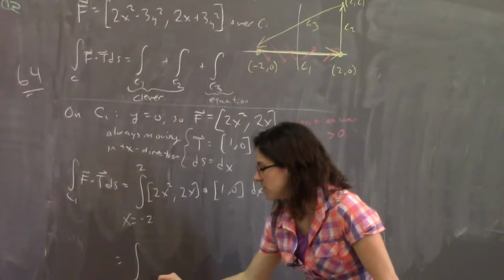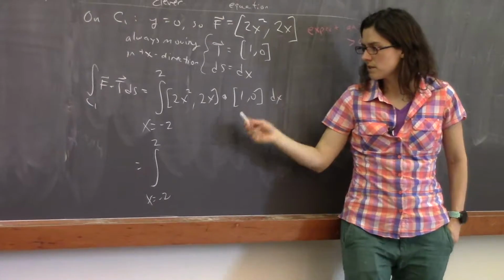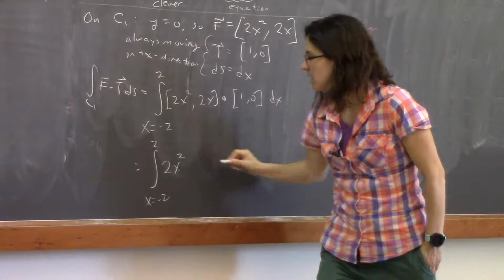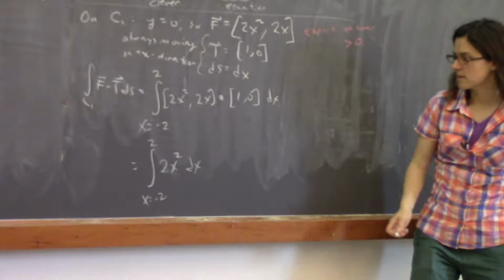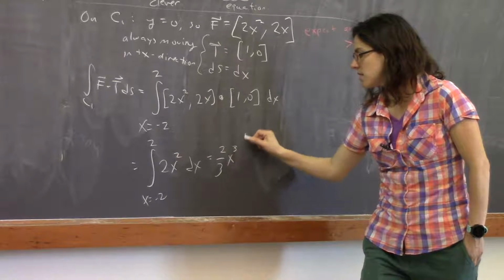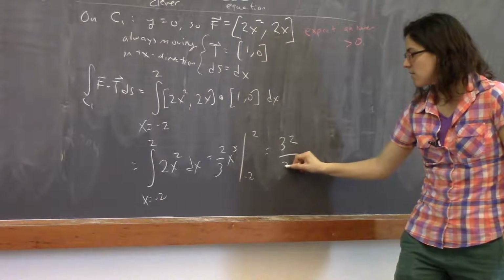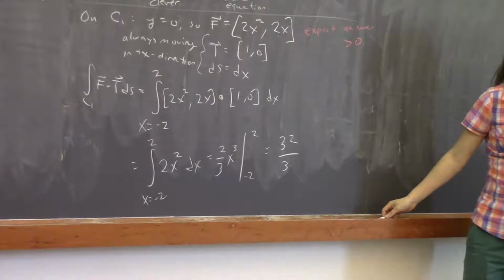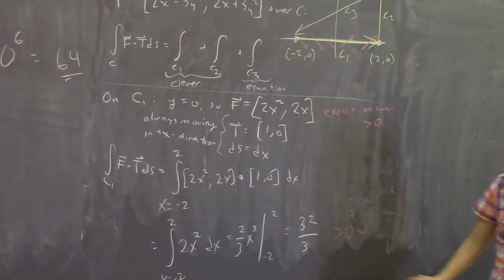If we take this dot product, 2x squared times 1 is 2x squared, plus 2x times 0 is 0. So dx. If we integrate this, we get 2/3 x cubed from negative 2 to 2, which comes out to 32 over 3, which, as we thought, is positive.